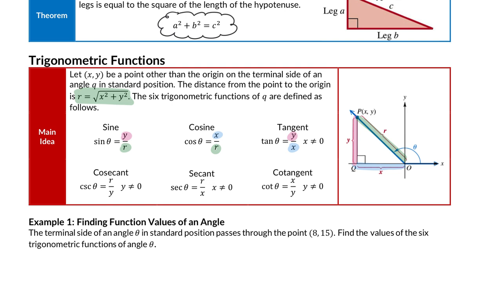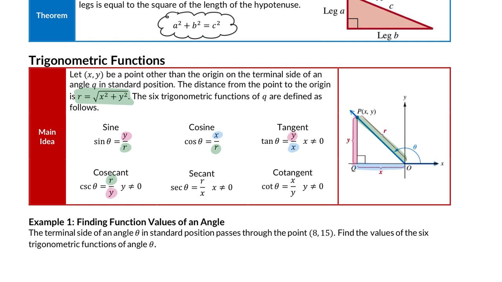Those are the 3 basic trigonometric functions. There are 3 more that are the reciprocal functions for these 3. Cosecant, which is csc of theta, is the reciprocal or flipped fraction of sine, meaning it is defined to be the radius divided by y, making sure that y is not equal to 0 because you can't divide by 0.